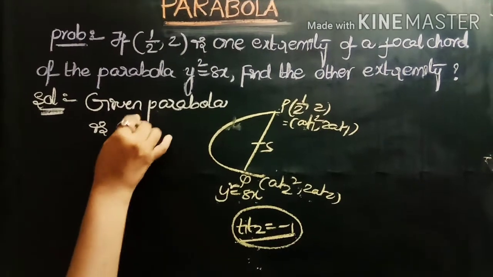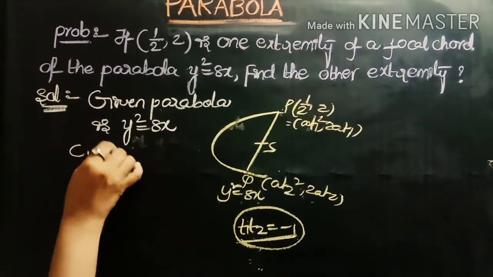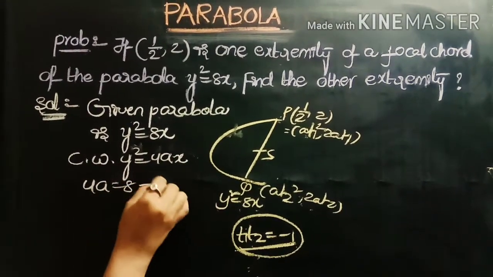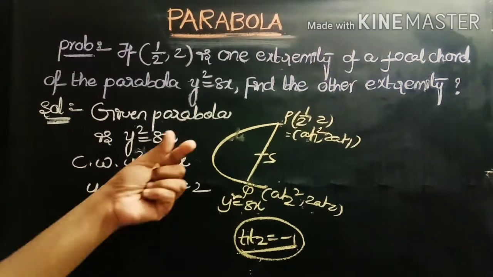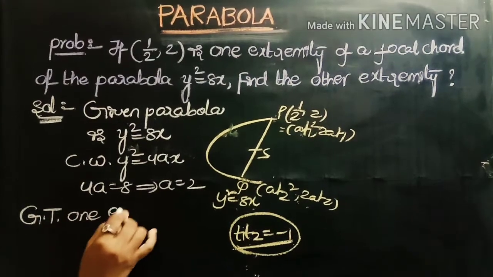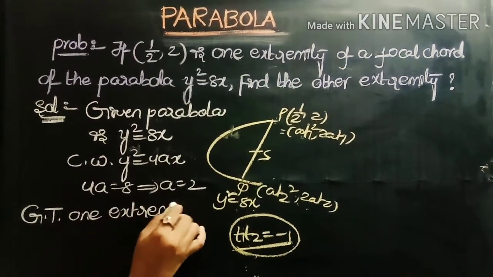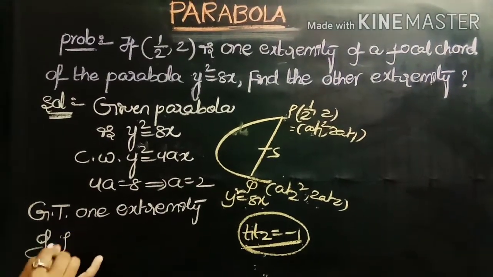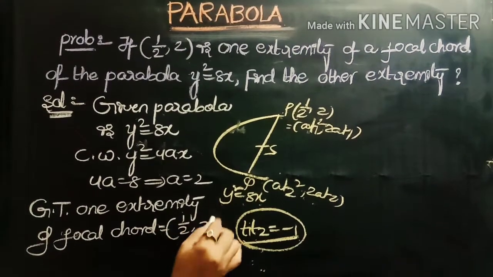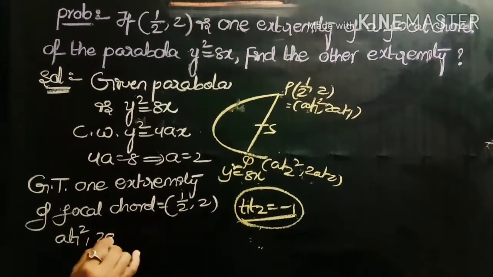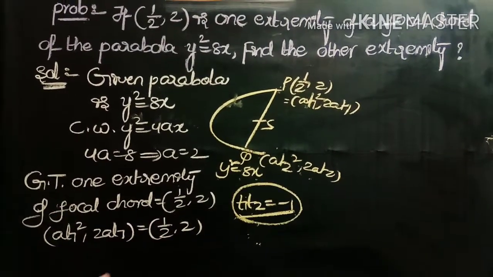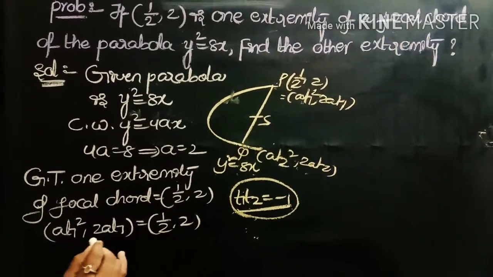So first we are writing the given parabola here. Given parabola is y square is equal to 8x. Now compare with y square is equal to 4ax, then 4a is equal to 8 and the value of a is equal to 2. Given that one extremity of the focal chord is (1 by 2, 2), which is taken as (a t1 square, 2a t1).